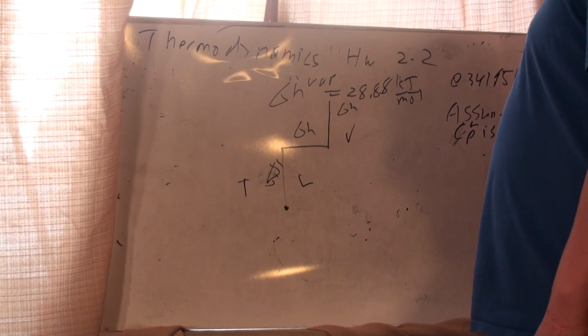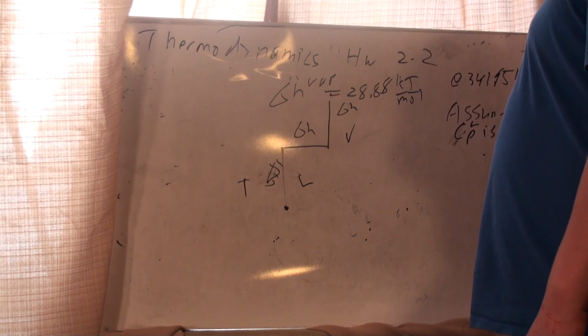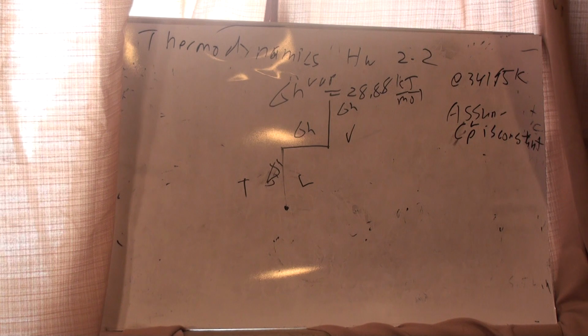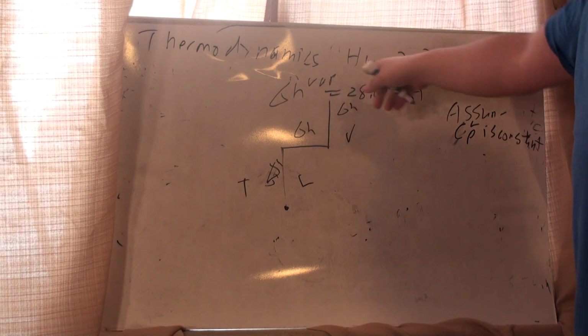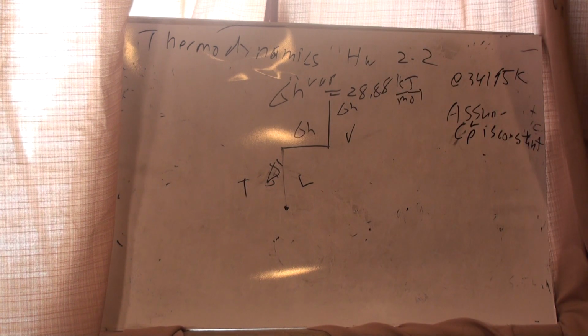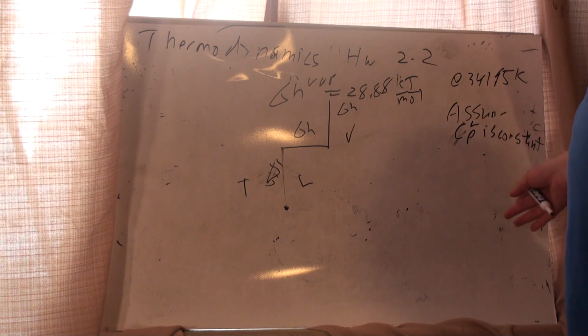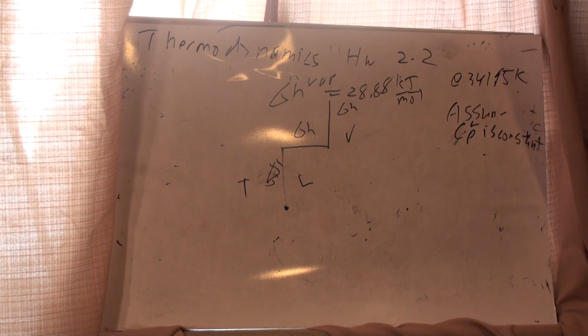We're not going to assume it for the gas, but we're definitely going to assume that the heat capacity is constant for the liquid. Now this one was stated as a fact, so I don't need to make any assumptions associated with that, but I do need to make an assumption associated with the heat capacity being constant. And so I probably need to look up that heat capacity. I don't know what it would be, but I need to look it up.